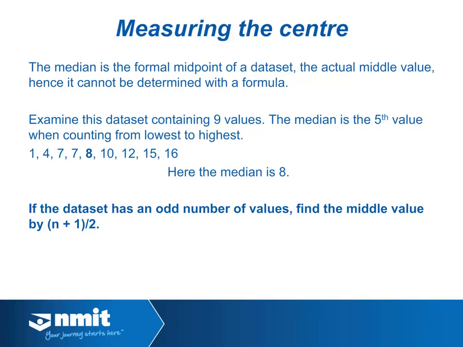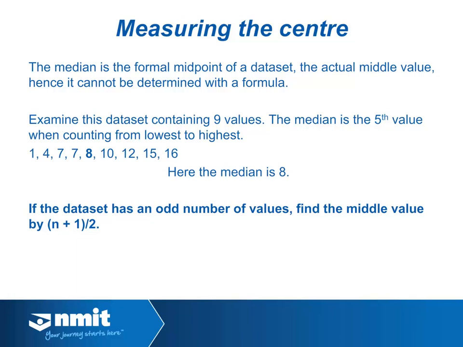It is actually the midpoint of the data set, so the actual middle value. If we lined up all the values in the data set from the lowest to the highest, it's the middle value. So if there's 21 numbers, we rank them from the lowest to the highest, first being the lowest, the 21st being the highest, and the middle number in that case is the 11th number.